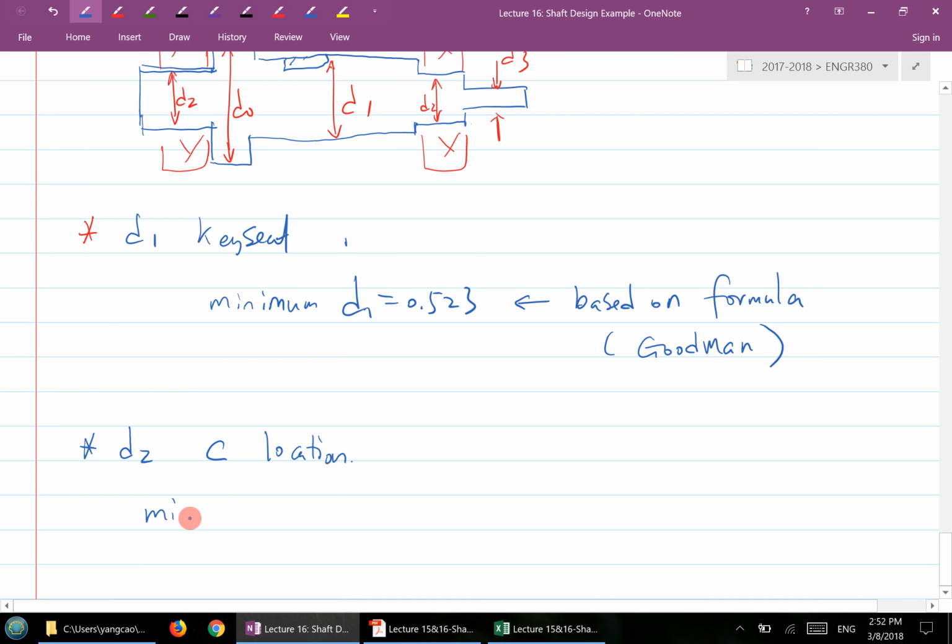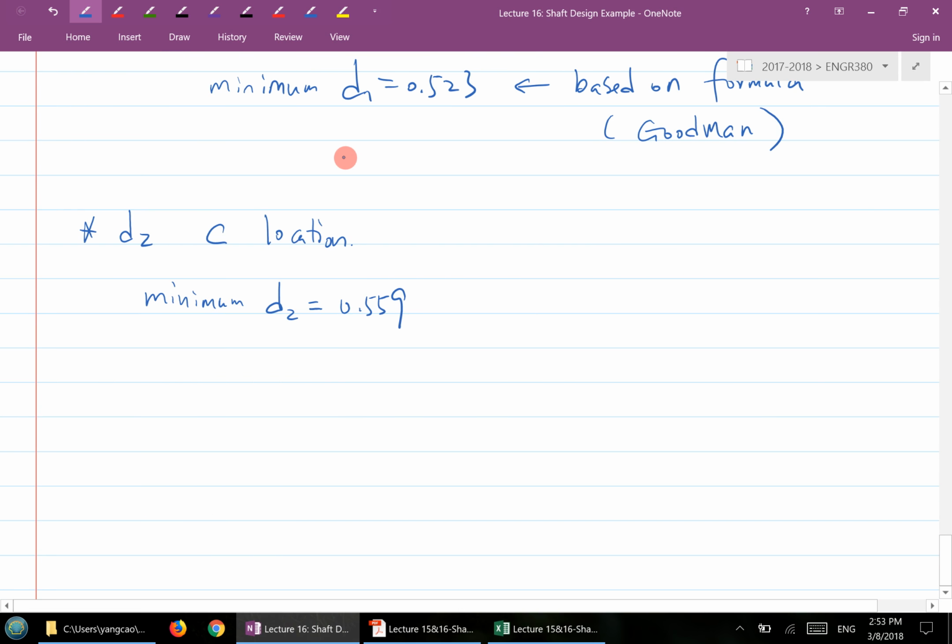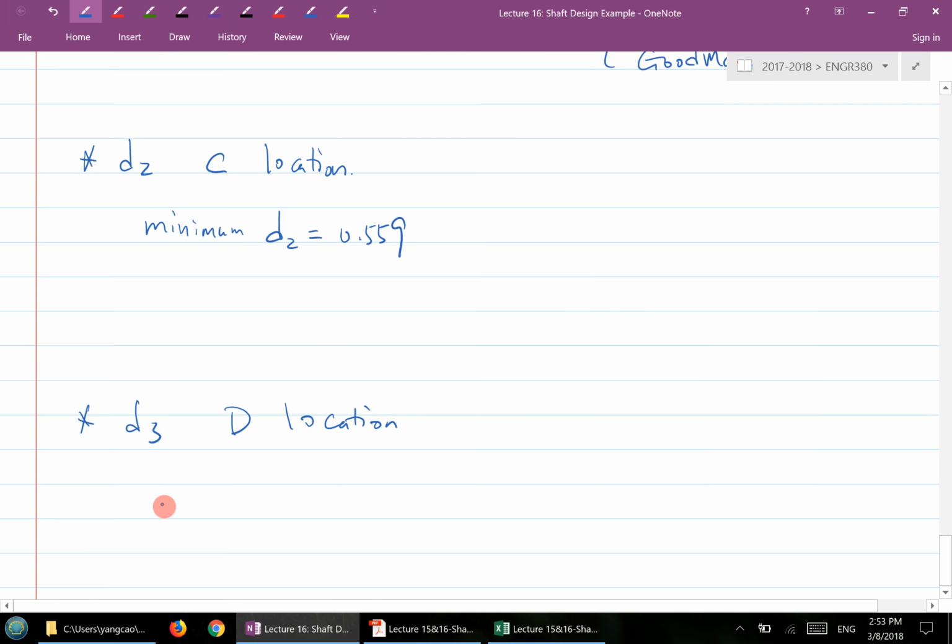So minimum D2 equals 0.559. I left some space here because I'm going to add some content to it. And then let's look at D3. D3 is at the D location. If you calculate using the formula, you get a minimum D3 of 0.444 inch.